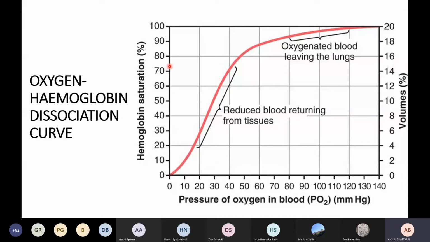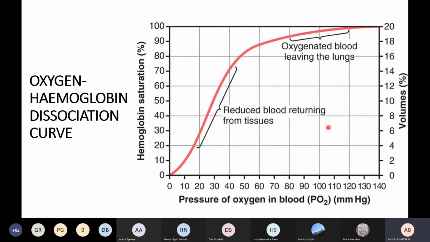It does not drop further than that in normal resting condition. So usually our body operates in this area of the oxygen hemoglobin dissociation curve. And only during strenuous exercise or some strenuous physical activity or some other condition does this other area of the curve come into play.